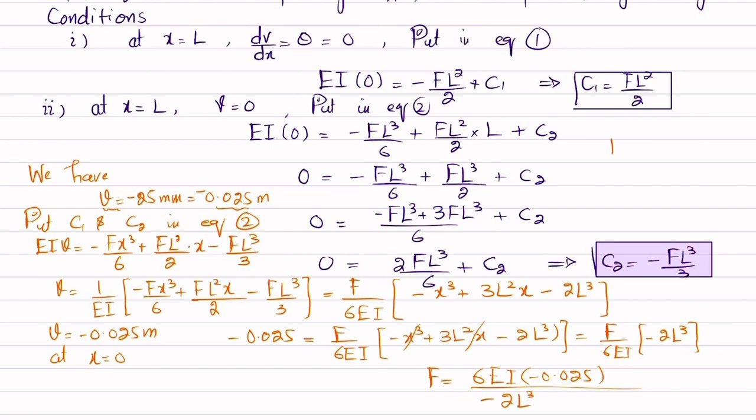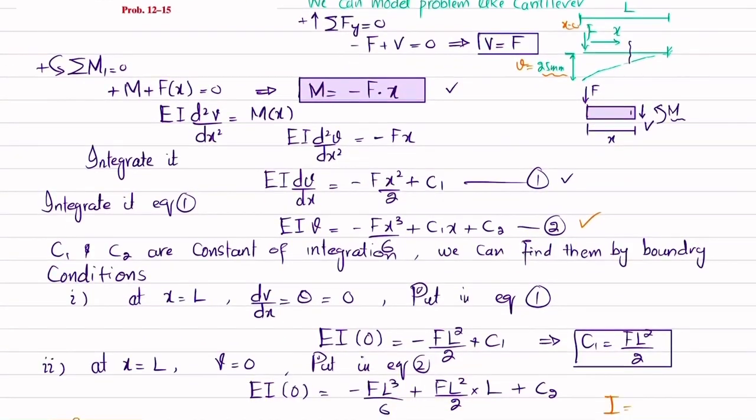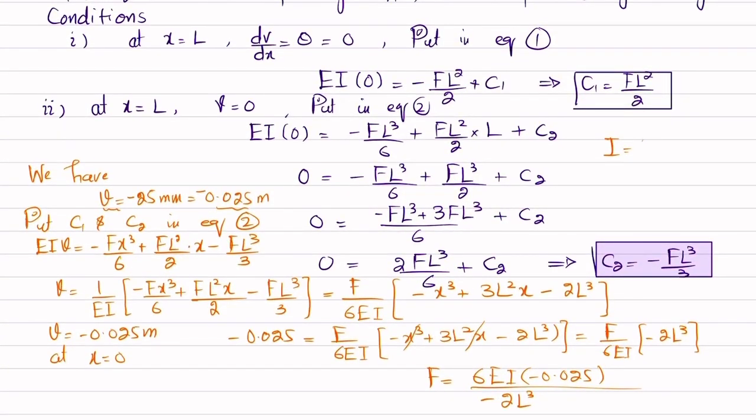Now we do not have I, so you can see that we have been given that the width of this wooden beam is 20 millimeter and thickness is 5 millimeter. So I, for a rectangular cross section, is equal to 1 over 12 BH cube.